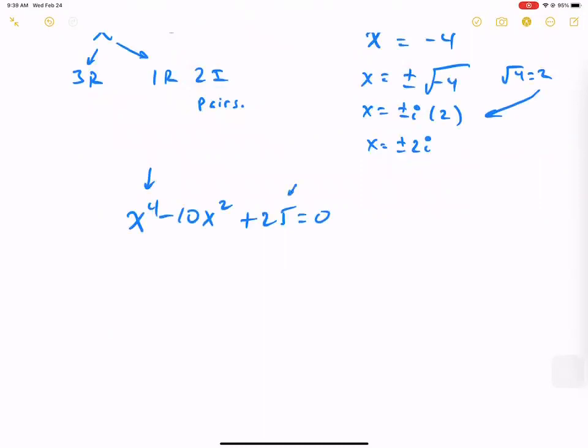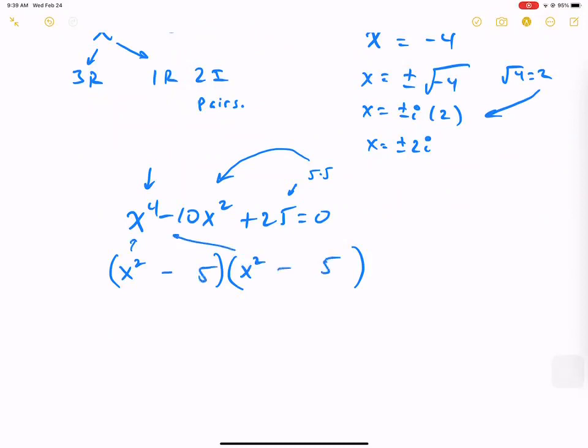Looking at this 25 here, 5 times 5, right? And isn't it 5 times 5 is 25, and 5 plus 5 is 10? So we could rewrite this as x squared, because x squared times x squared is x to the 4th, 5 times 5.